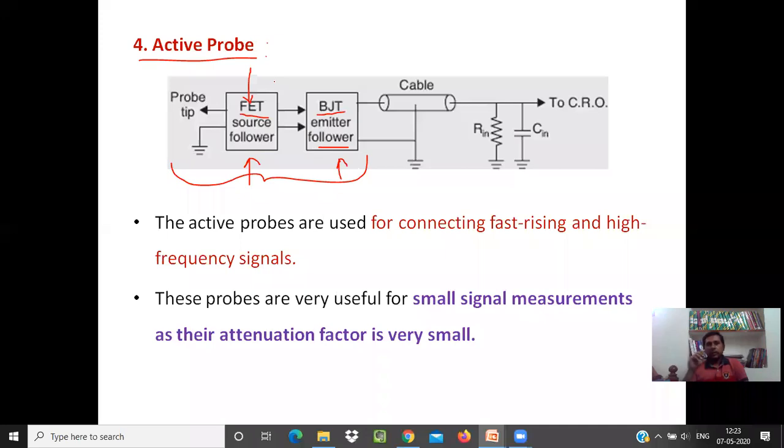The reason behind this statement is that whenever a device has high input impedance, then whatever circuit you connect it to, the circuit function may not change because of this high input impedance component.